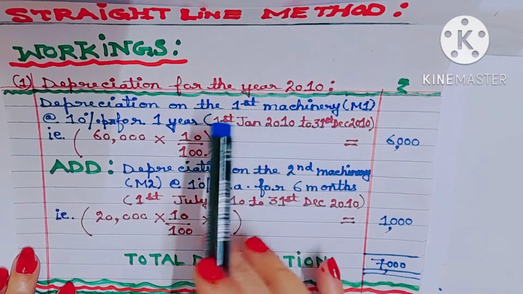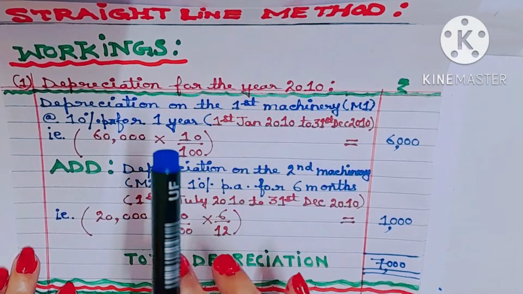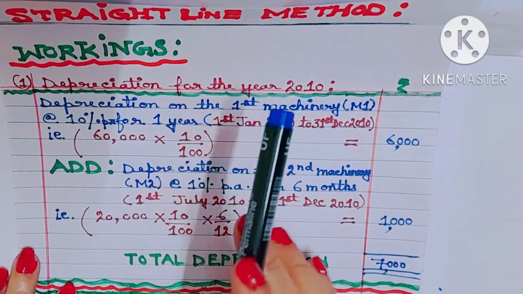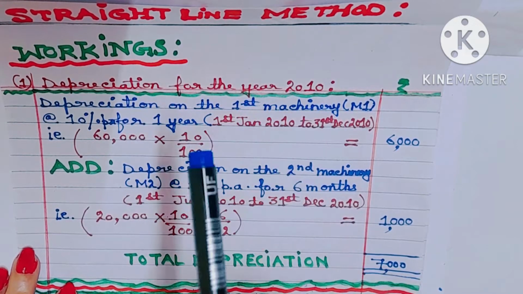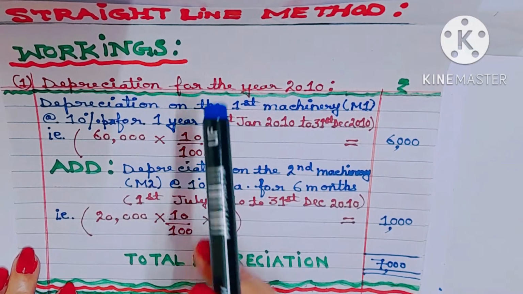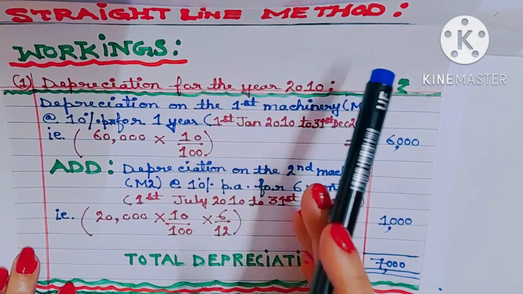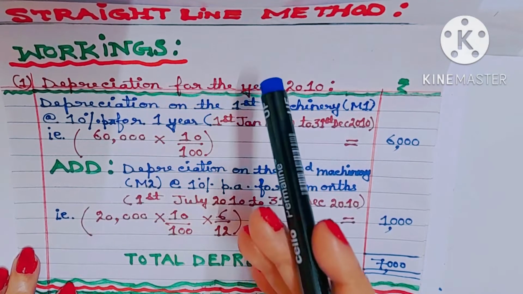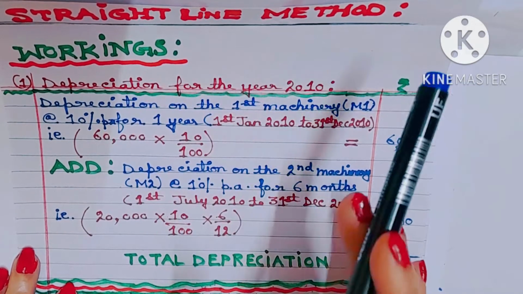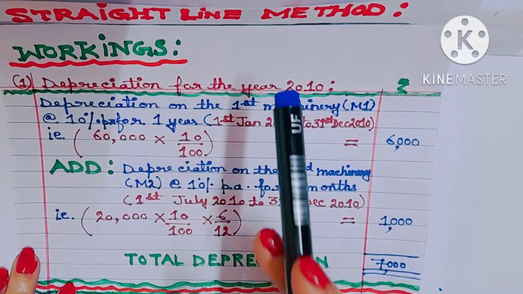So you got to charge depreciation every year under straight line method because ওরা সেটাই আমাদের বলেছে depreciation charge করতে under straight line method. So we got to charge depreciation under straight line method, or this is also known as fixed installment method or original cost method or equal installment method.